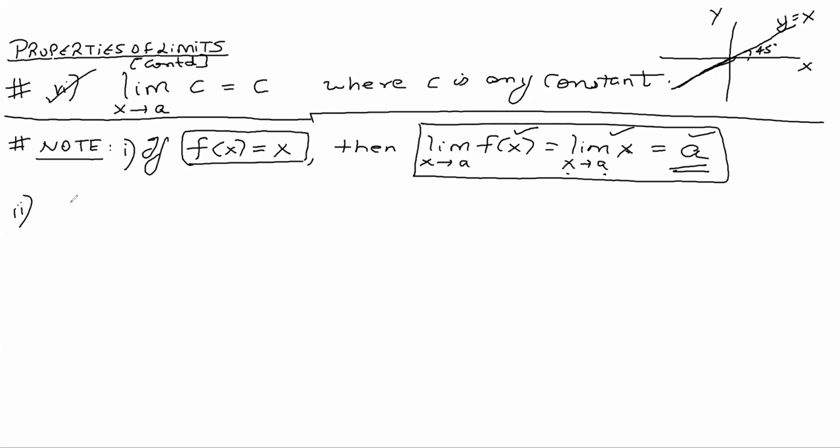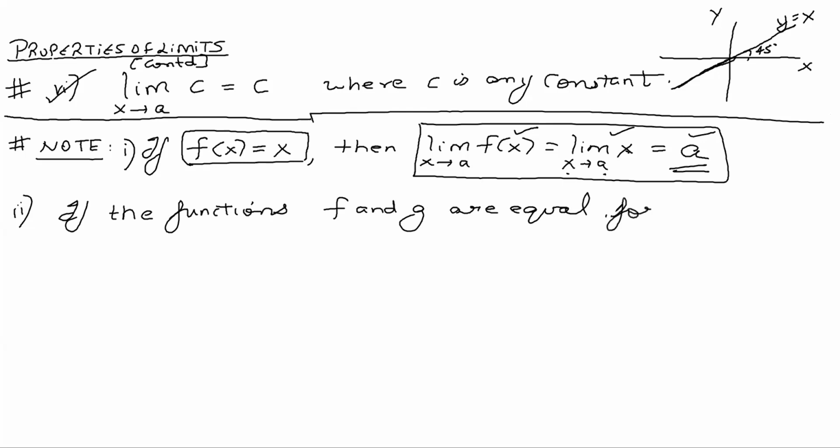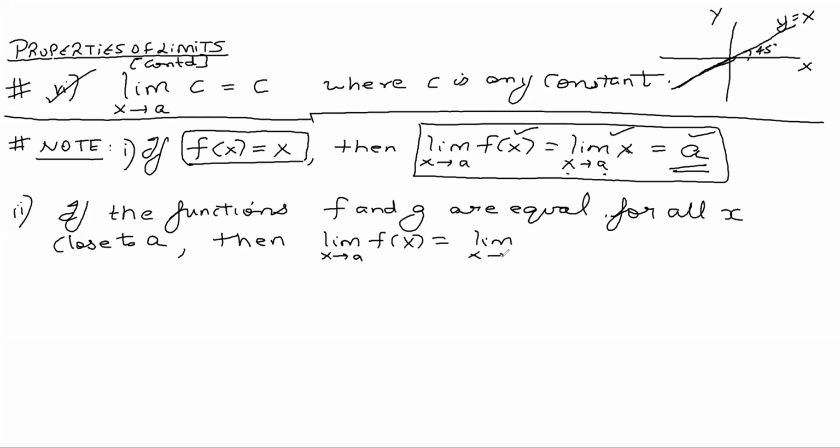The second point: if the functions f and g are equal for all x close to a, then limit as x tends to a of f of x is exactly equal to limit as x tends to a of g of x, whenever either limit exists.